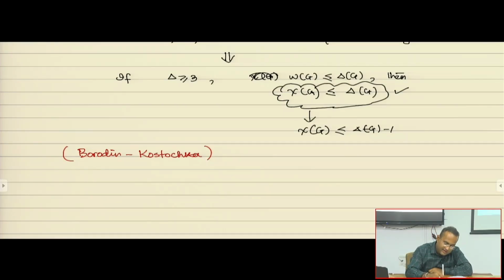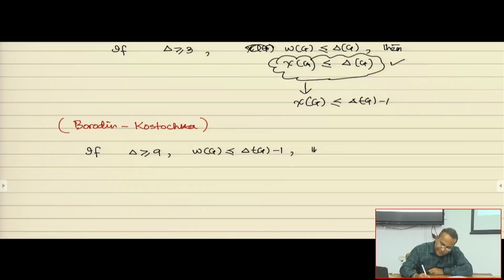And what is that? If delta is greater than or equal to 9 and omega of g is less than or equal to delta minus 1, then chi g is at most delta g minus 1.